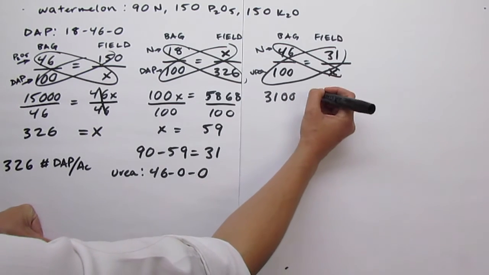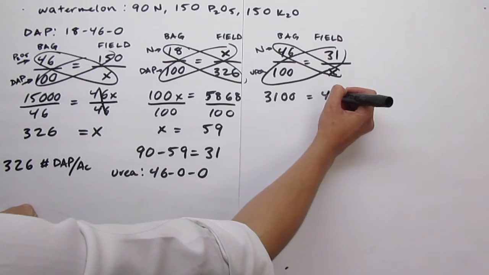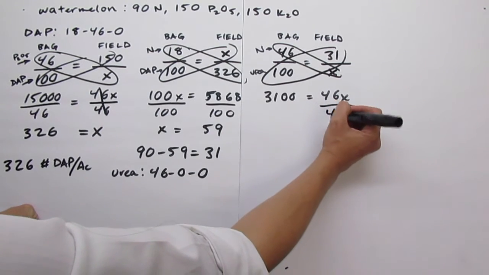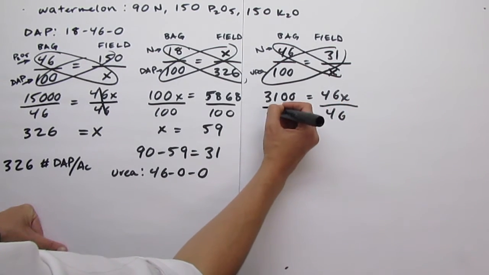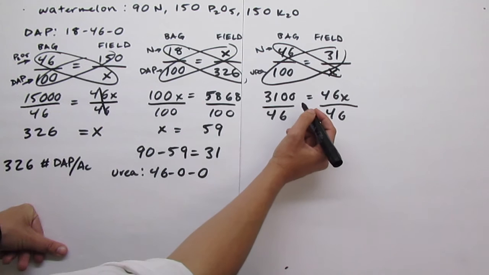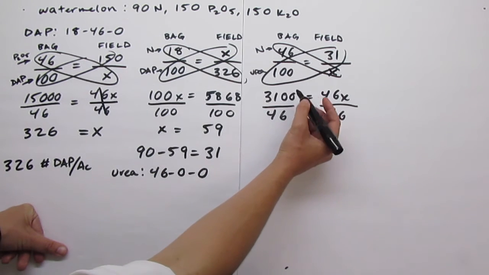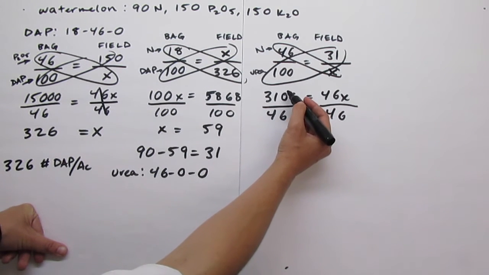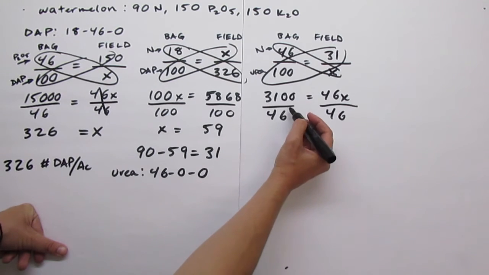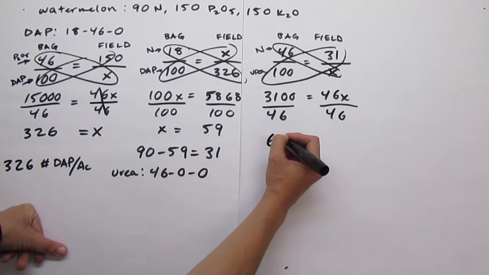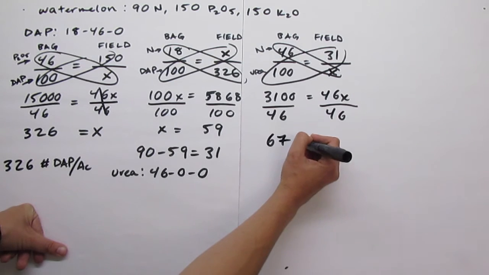We get 3,100 equals 46X. We divide by 46 in order to get that to cancel. And then 3,100 divided by 46 gives us about 67.